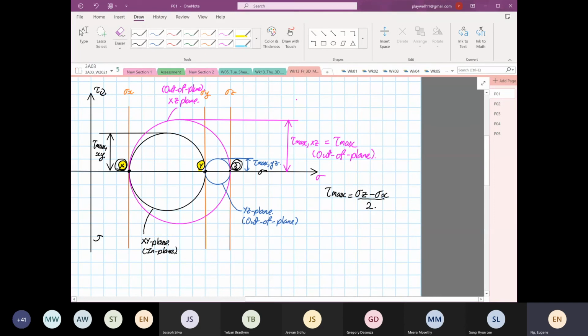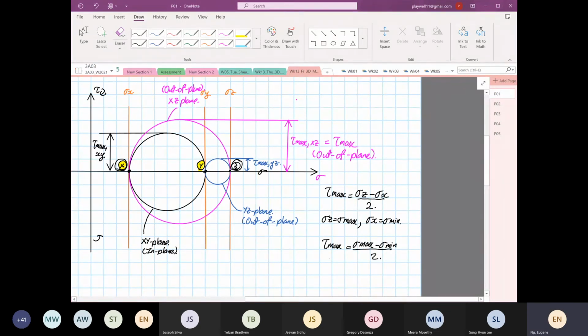We can also write this when we have stress Z as stress max and stress X as stress min.